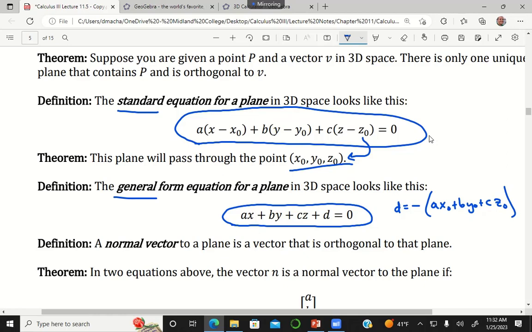And this is a little bit tricky as far as vocabulary goes, because a normal vector is not the same thing as a normalized vector. Okay? Let me say that again. Whenever we say the normal vector, this means orthogonal to a certain plane.